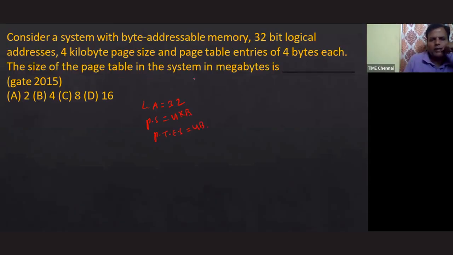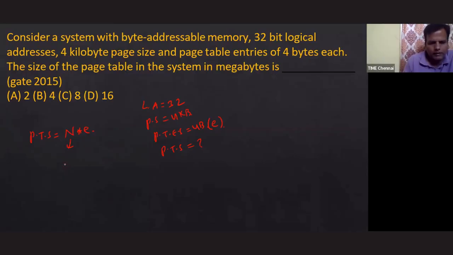The size of the page table in the system in megabytes is how much? Okay, we need to calculate the page table size. So what is the formula for page table size? Page table size equals N into E. E is already given, 4 bytes.